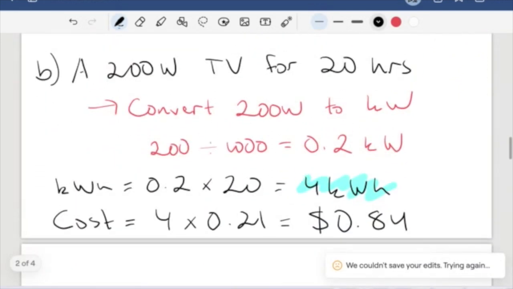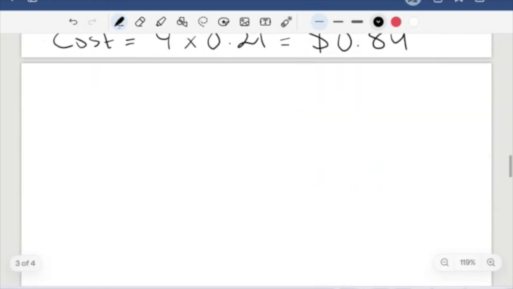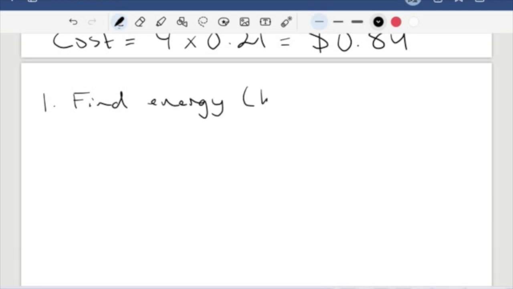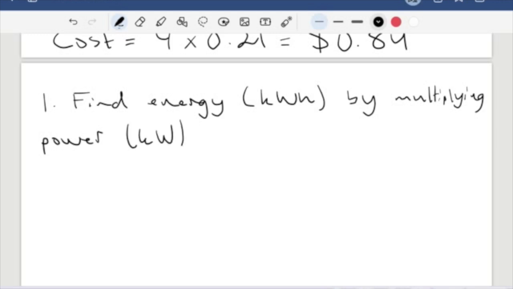When we work through any of these types of questions, we're going to approach these energy costs in the same way. The first thing we need to do is find the energy in kilowatt hours by multiplying the power rating, which we convert to kilowatts if it is in watts, by the hours used.